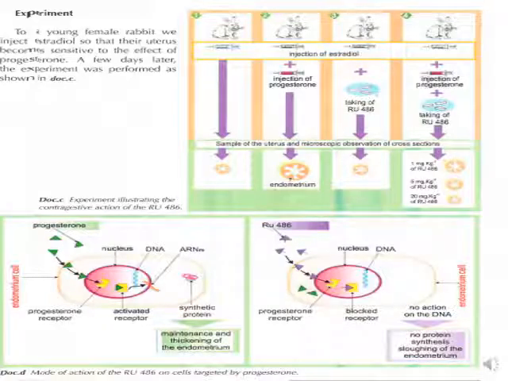In the first experiment, to a young female rabbit, we inject estradiol so that its uterus becomes sensitive to the effect of progesterone. A few days later, the experiment was performed as shown in document C. This document C illustrates the contragestive action of RU486.